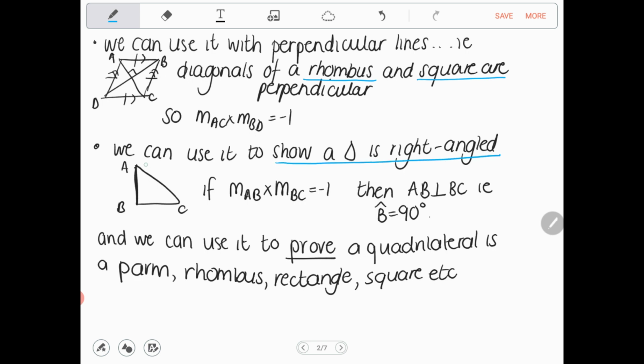If you have a triangle and you could show me that the gradient of AB times the gradient of BC is equal to -1, then that means that AB and BC have to be perpendicular, which means that angle B would have to be 90. And we can use it to prove that a quadrilateral is a parallelogram, a rhombus, a rectangle, or a square.